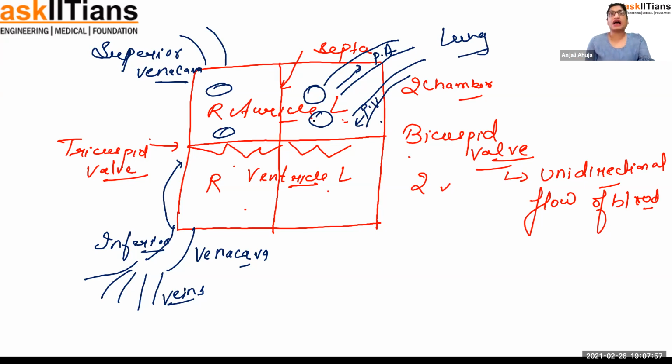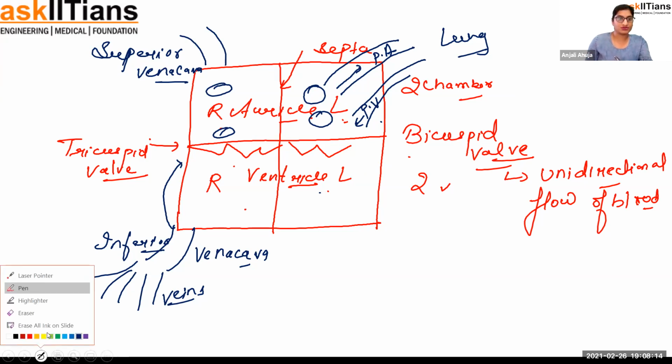Now, third thing. I told you that from the heart, blood is moving to all of the body parts. After the oxygenated blood has come back from the lungs, it has to go to all the body parts. It will go from the left ventricle. Don't worry, you can re-listen to this video, but that's very easy to understand.